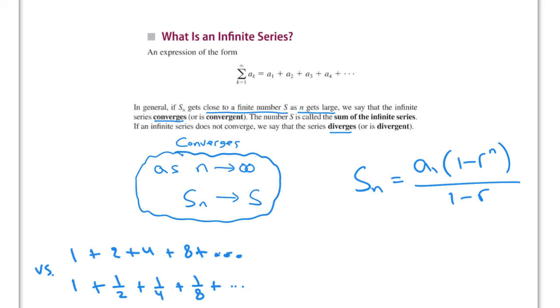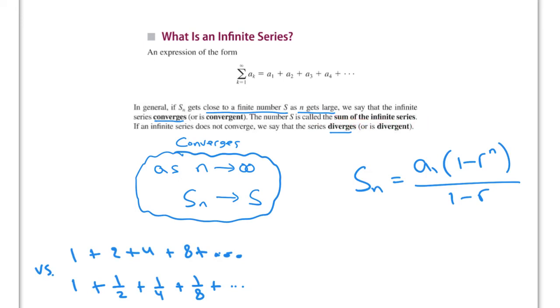And here's where the vocabulary gets kind of picky, because we're going to say that the sum is that number. For something that converges, essentially what you're saying is that as the n value goes to infinity, as the n value gets really, really big, the sum approaches this number s. And we're going to call that s the sum of the infinite series.